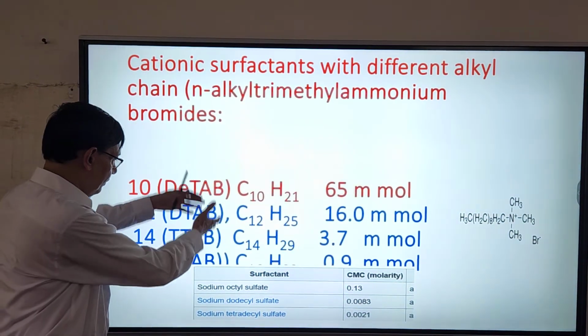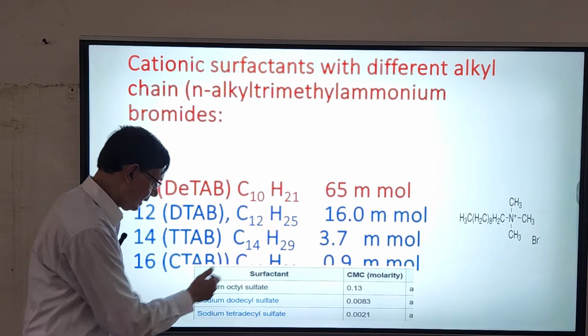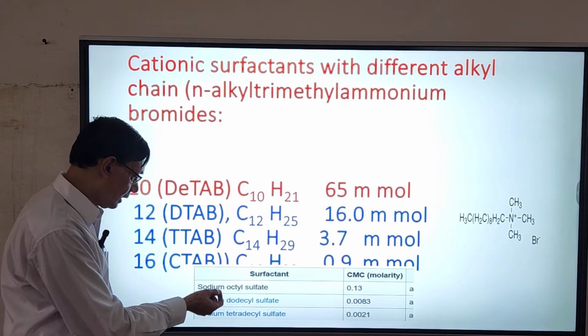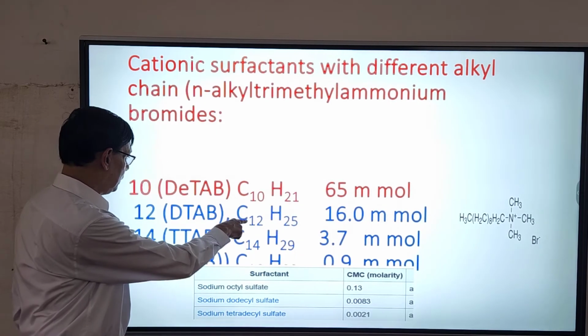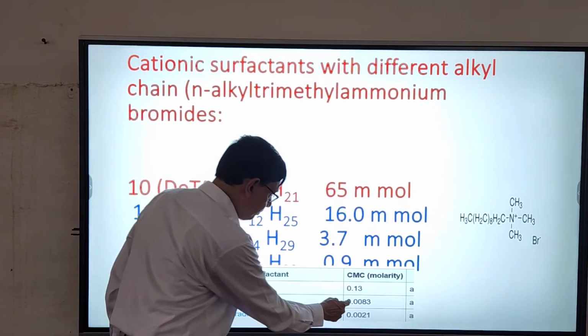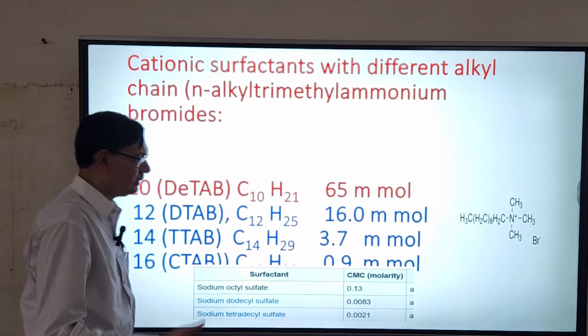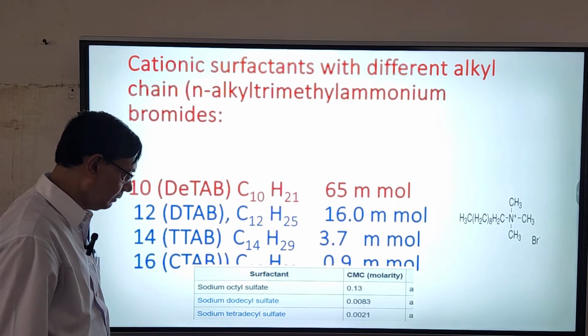Similarly, it is for the cationic surfactant. If I take the anionic surfactant like sodium dodecyl sulfate, C12, the CMC is 0.008 or 8.3 millimole.